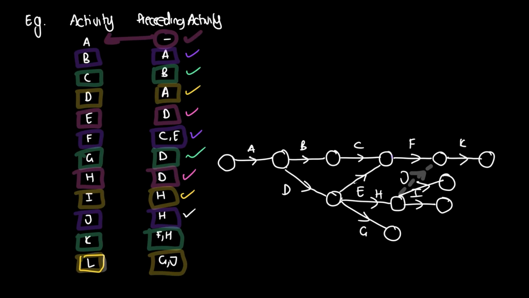So L needs G and J. Which means that these two nodes that we have here that represent the end of G and the end of J, this one over here and this one over here, remember when we have an edge activity, our edge activity must only have one starting node. So these two should be combined.